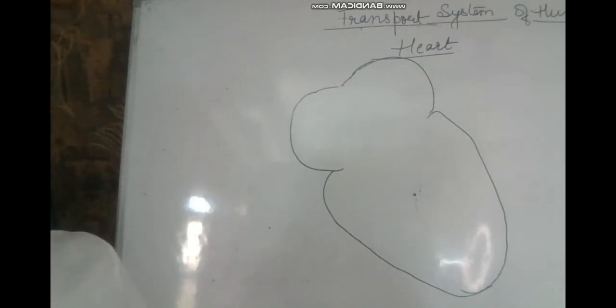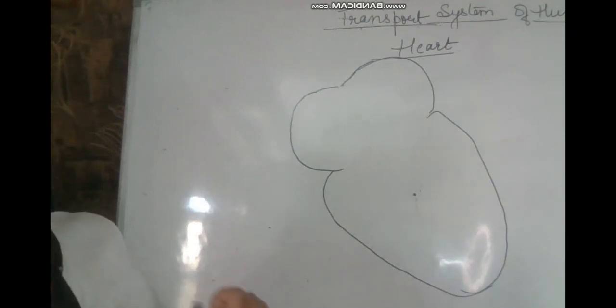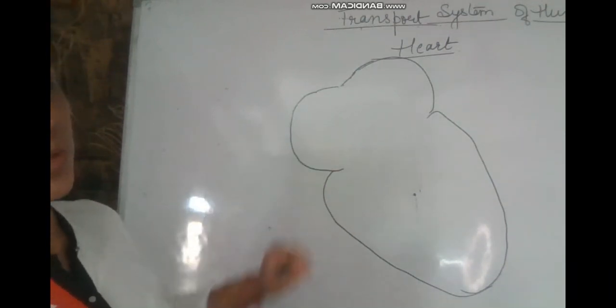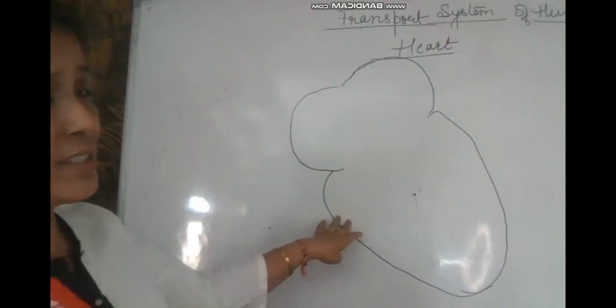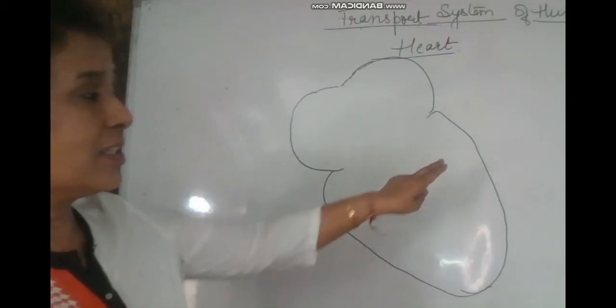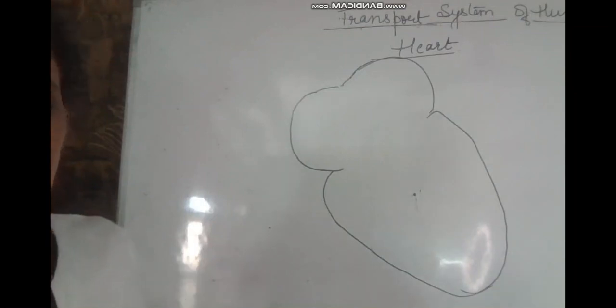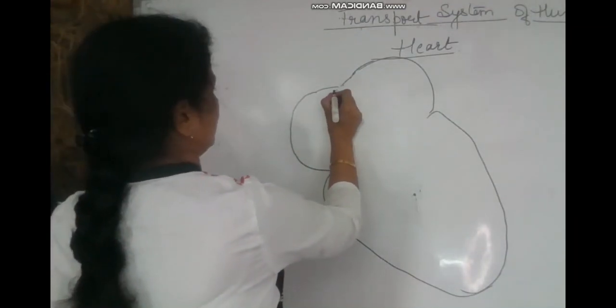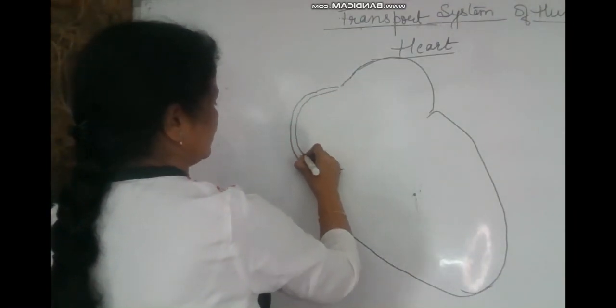Now let us draw the wall of this chamber. Remember, when we are drawing the wall, the atrium should have the thin wall, the ventricle should have the thick wall, and the left ventricle should have the thickest wall. So this is the wall.